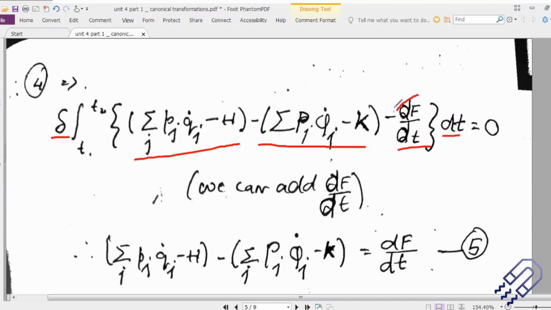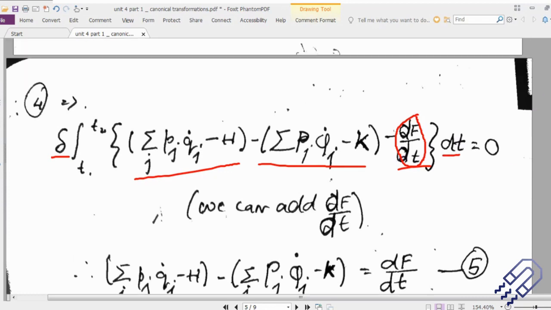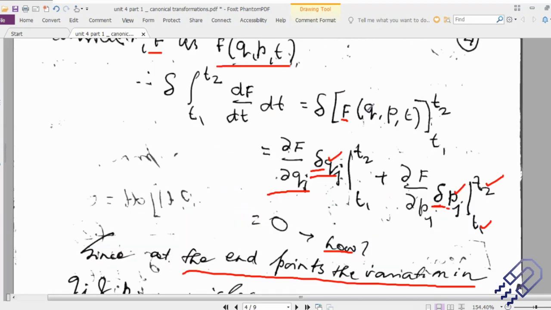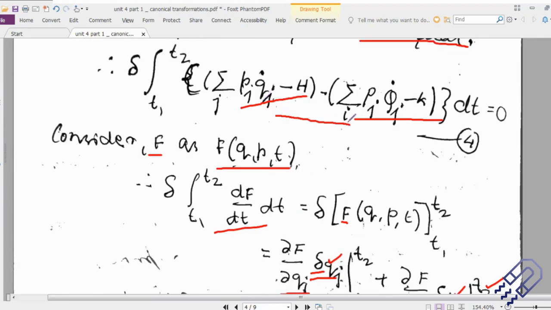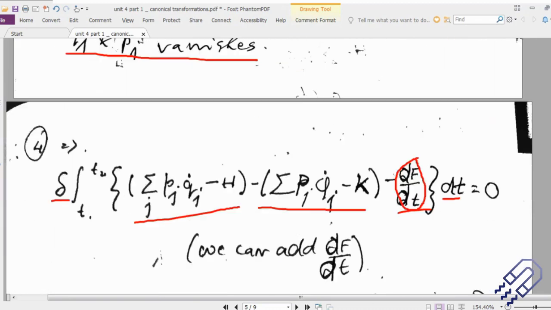This is the additional term that I'm using. But I can use it. Why? Because this is 0. Just now we have seen that at the end point, since there is no variation, this part is actually 0. So if I add or subtract 0 from this equation, it doesn't make a difference to the final answer, right? So you can always put it there.